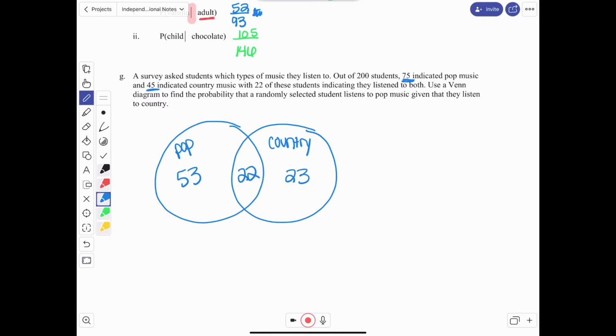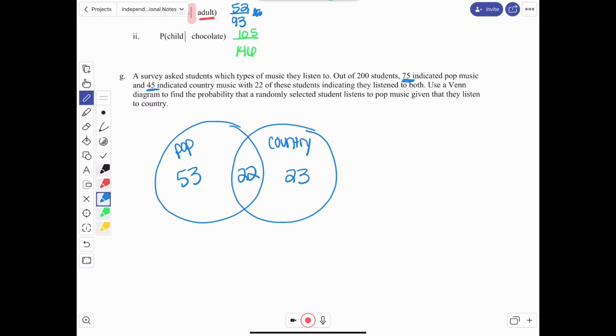And my total, if I add up what I have in these circles, 55 plus 22 plus 23, I've got 100 here.